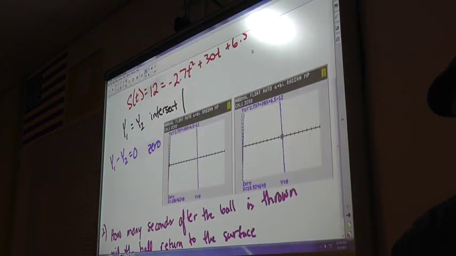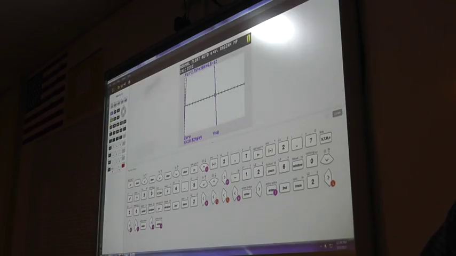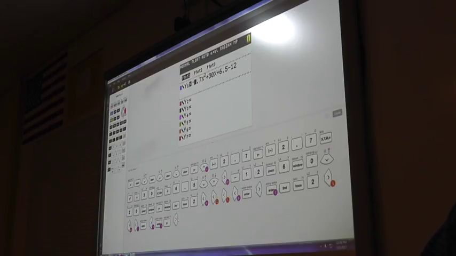Make sense? Now, when is it going to hit the ground? So what I'm going to do now is alter my y equals to not have this 12 at the end. It's just the original function, and I want to know, when is it 0?